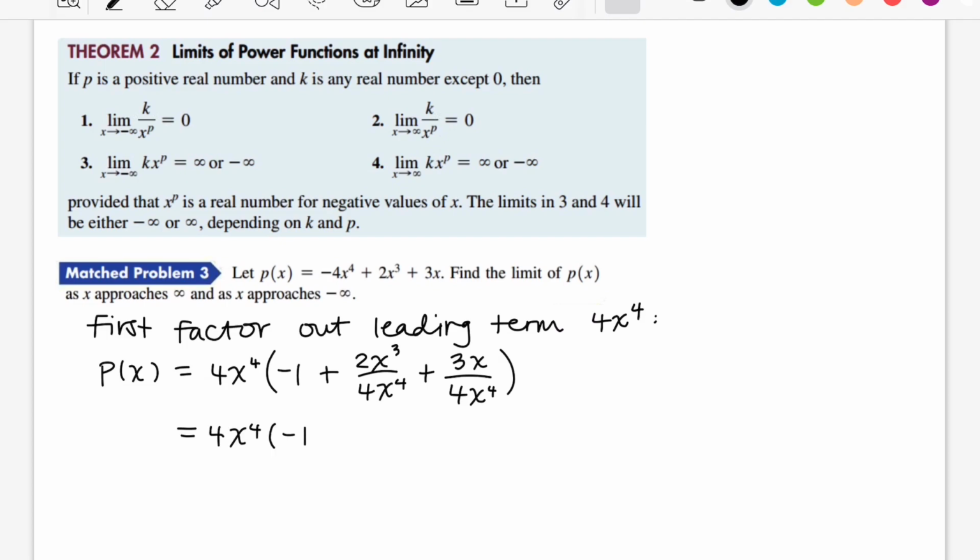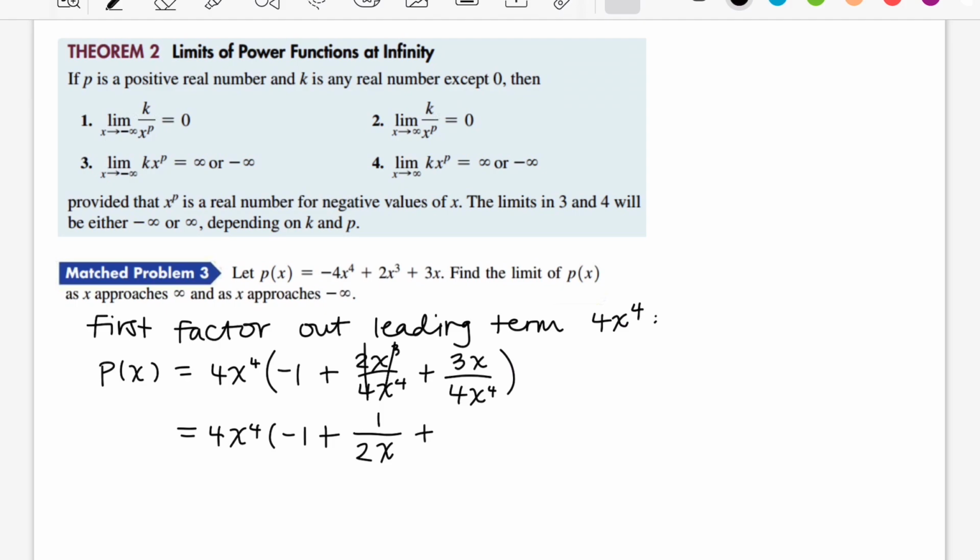So we have negative 1, and we have 2 over 4, so that's going to be 1 over 2 in the bottom, and then we have x to the 4 on the bottom and x cubed on the top, so those cancel and we're left with 1 more x on the bottom.